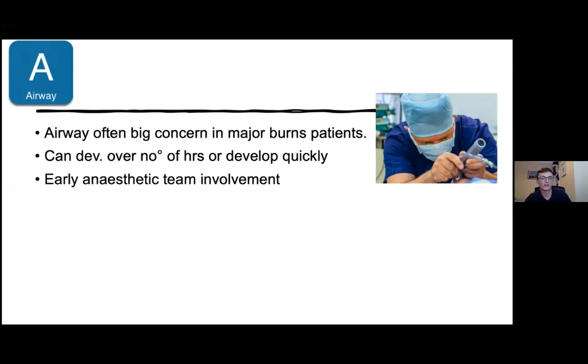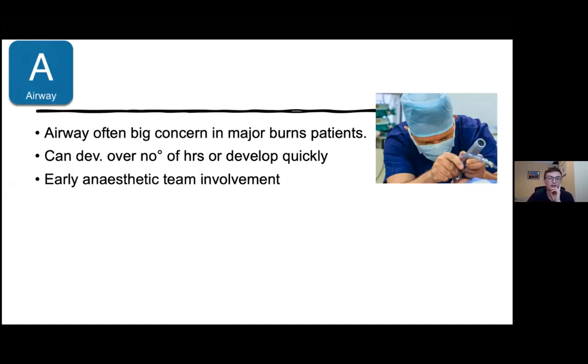It's important to get the anaesthetic team involved really early if you're expecting a major burns patient, or you have one with you. These patients can be quite difficult to intubate if it's left too late, so often they are intubated quite early on.